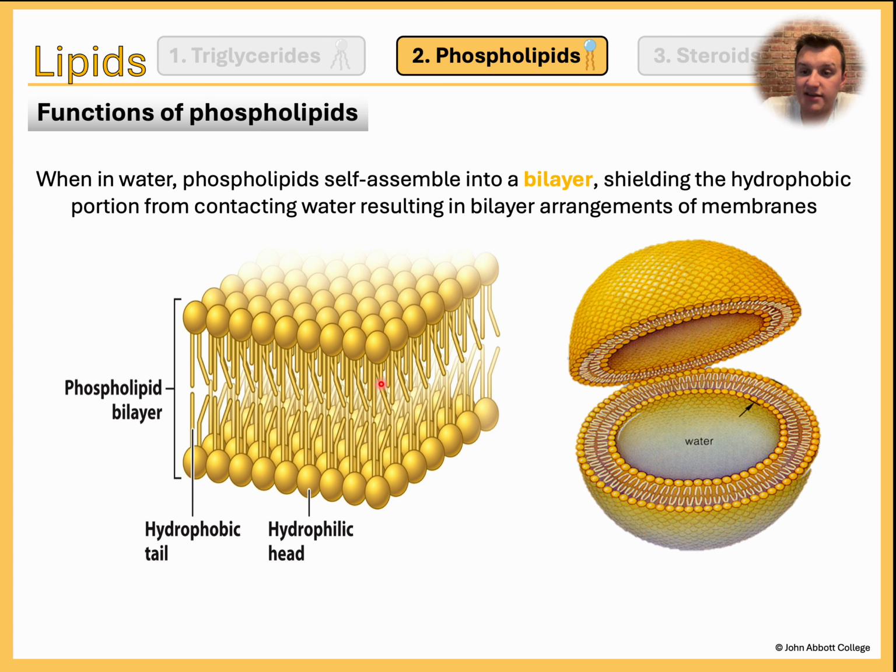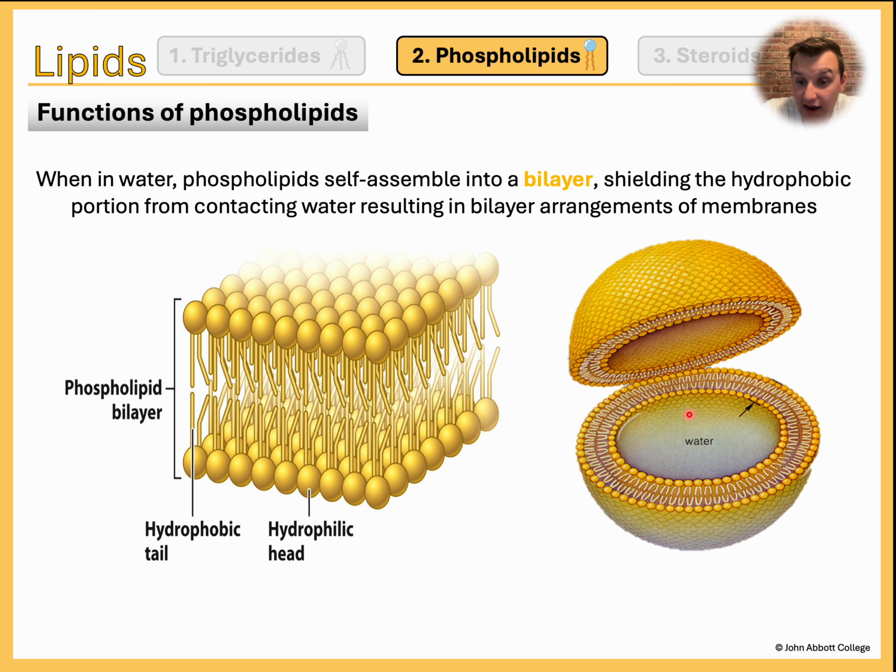And this will make this bilayer, right? Think of the inside of a cell. It's going to be full of water. Outside of a cell, there'll be a lot of water as well, right? So what these phospholipids do is they put all of their heads on the outside, which will access the water on the outside of the cell. These heads love water.